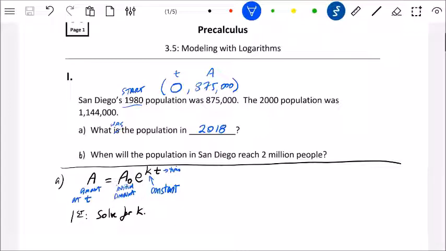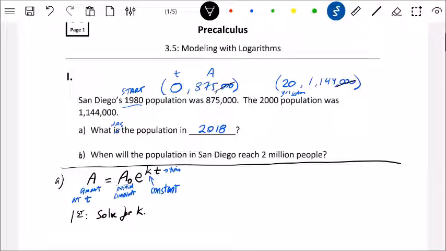And then what we have here is another t, 2000, which is 20 years later, and the amount then was 1,144,000. To make it much easier to do, we're going to take away the zeros.